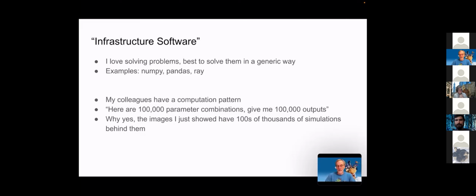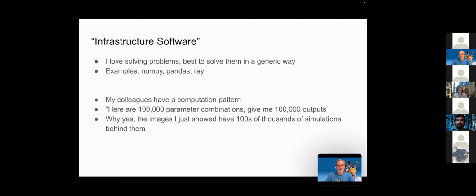My colleagues in astronomy have this computation pattern. For all the images that I just showed, the way we figured out how to be confident that that thing is a ring and not something else, right? It's not a point source. It's not a double point source. It's not a disk. The hole is really there.